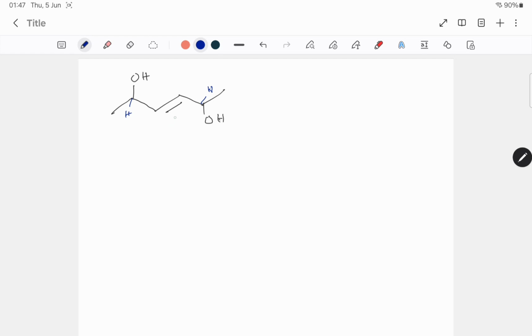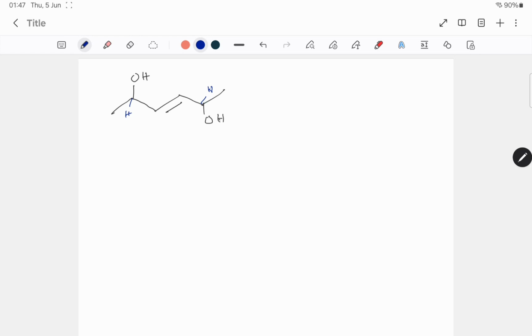Now some may say that okay, these two groups are on the same side, but again this may be R, this may be S, and so on. So the common mistake, again, is that students simply find out the number of stereocenters.